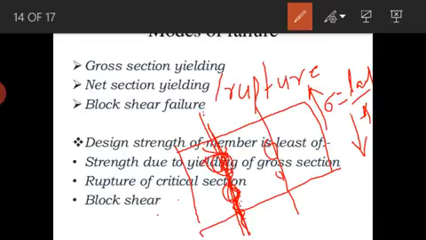Net section failure takes place because of the presence of more holes at a particular section, and because of that the area decreases. Because of the decreased area, the stress concentration will be more at that section, hence there will be a rupture perpendicular to the load acting. That particular situation is what we call net section rupture or net section failure.